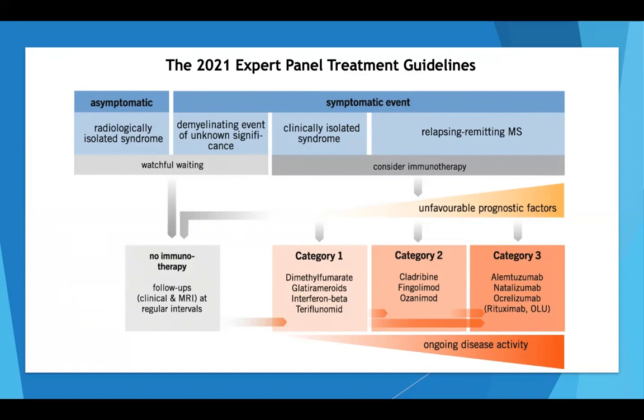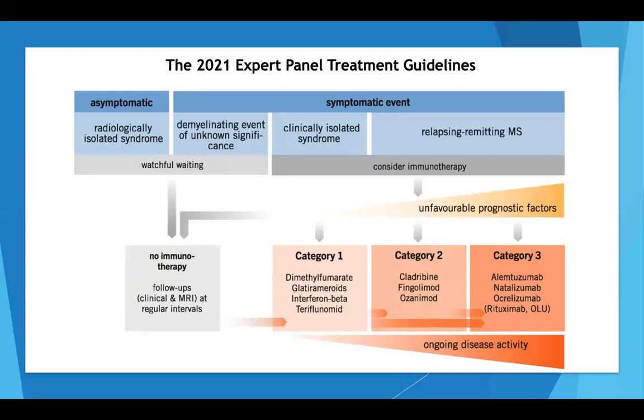Those patients with symptoms will be divided into three main groups. Those with demyelinating events of unknown significance, those with clinically isolated syndrome, and those with definitive relapsing remitting MS. Only those patients with clinically isolated syndrome and relapse remitting MS will be considered for immunotherapy.